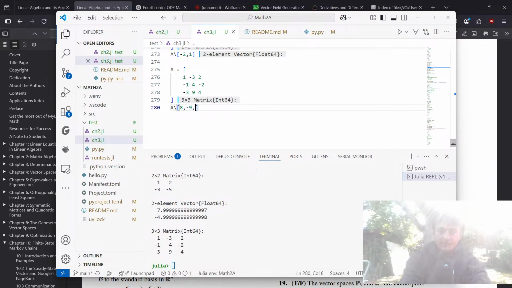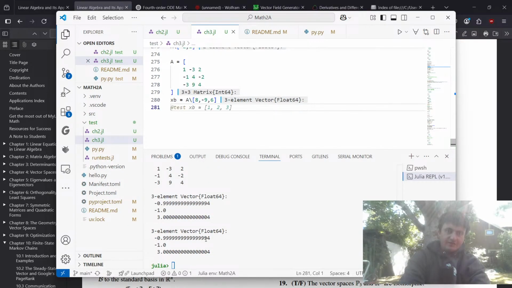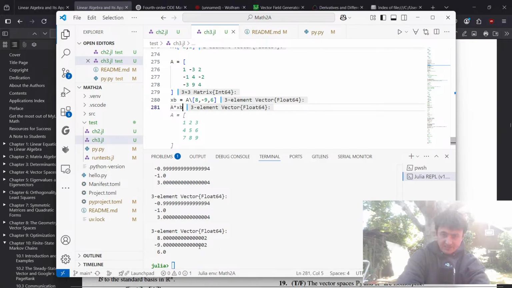Okay, so then x relative to B is equal to minus 1, minus 1, 3. So then what that means is that if I did x_A times x_B, I should get x, 8, minus 9, and 6, yeah.